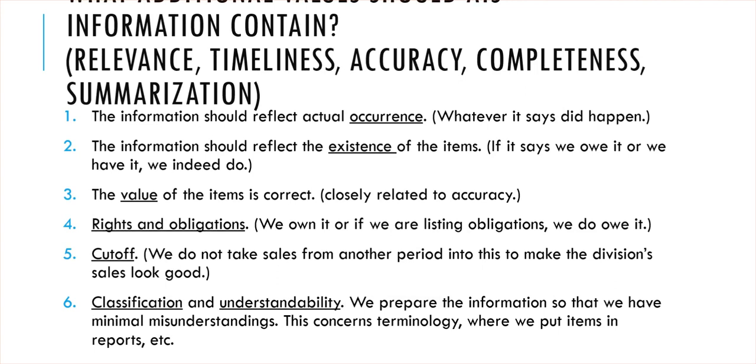What additional values should it have? It should say what really happened, the actual occurrence. Did it happen? It should reflect the fact that there is an item. And when you think about this, I want you to think about inventory. If a person is looking at an inventory record and the inventory record says that at this particular store there are 10 items, I find this becomes increasingly important.